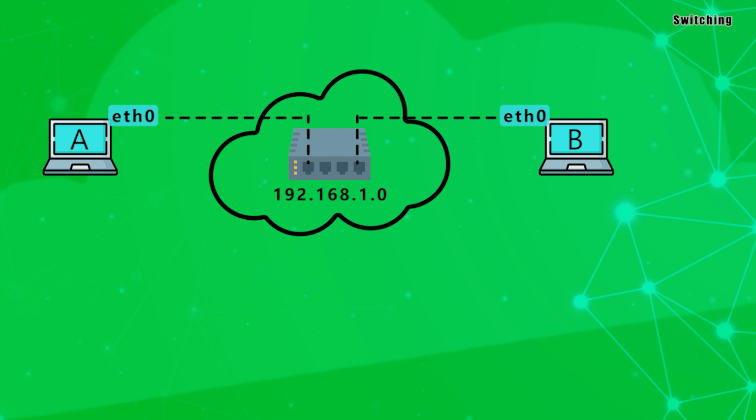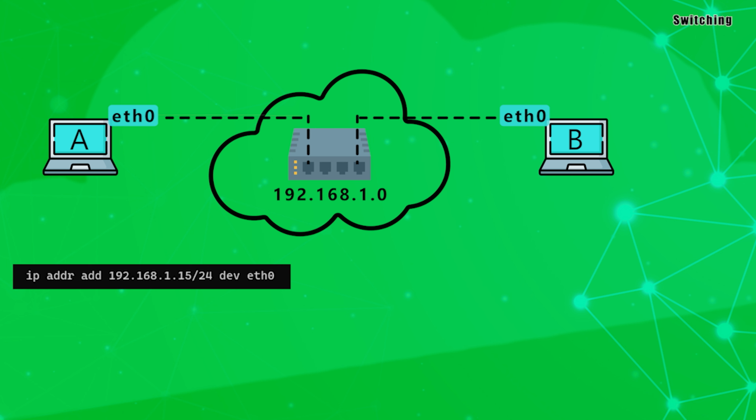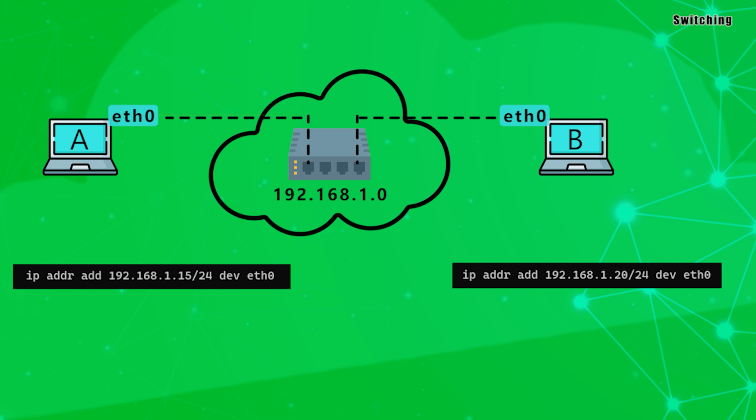Then the systems are assigned IP addresses within the same network IP range using the following command: ip addr add 192.168.1.15/24 dev eth0. And on machine B, you can run the command ip addr add 192.168.1.20/24 dev eth0.